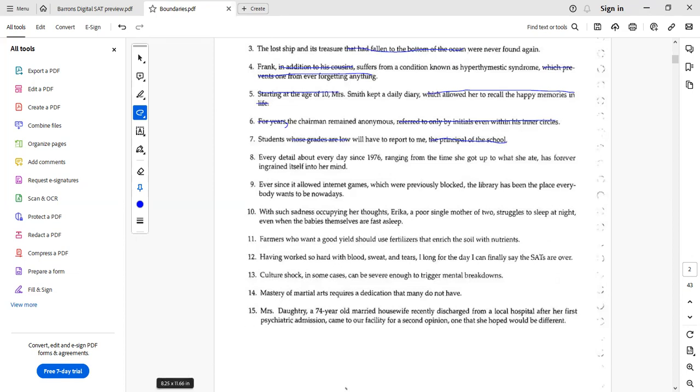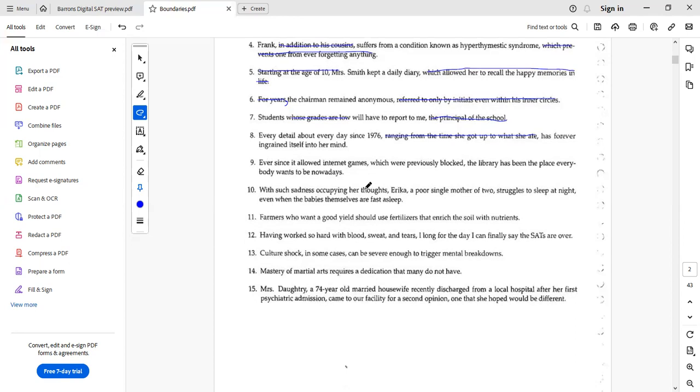"Every detail about every day since 1976." Take care, Dalal, every detail is the subject. There's a modifier, "ranging from the time she got." Excellent. So every detail about every day since 1976 has forever ingrained itself into her mind. Perfect.